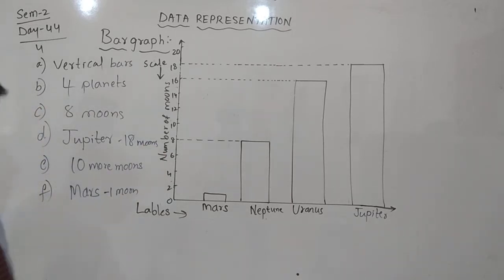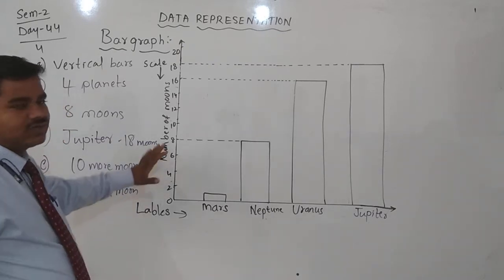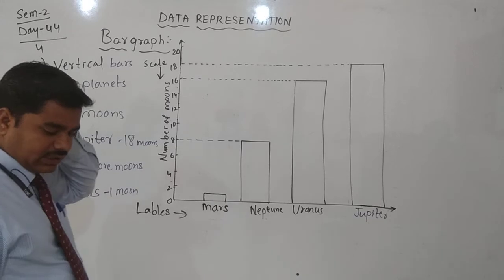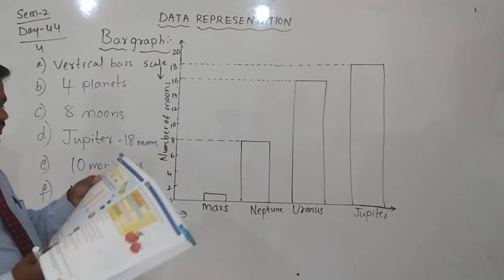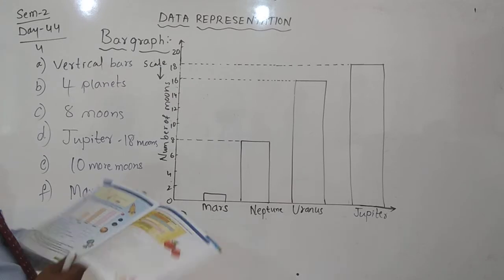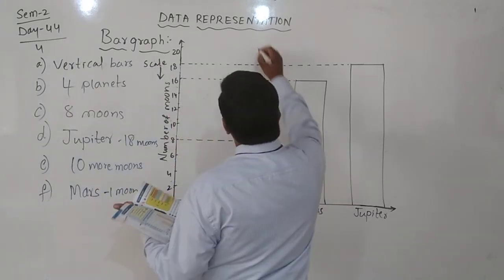First question solved. Page number 156. Very simple. You can write this one. There is no question here. What do they want? Study this bar graph. Answer these questions below. This title should be written. That's very important.